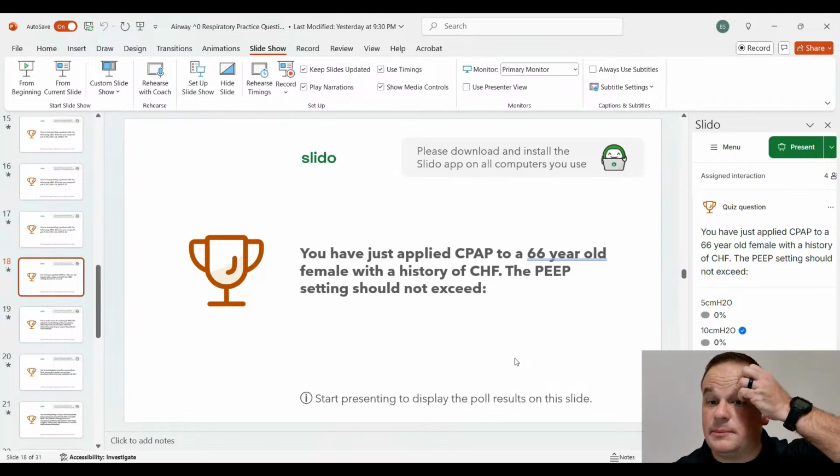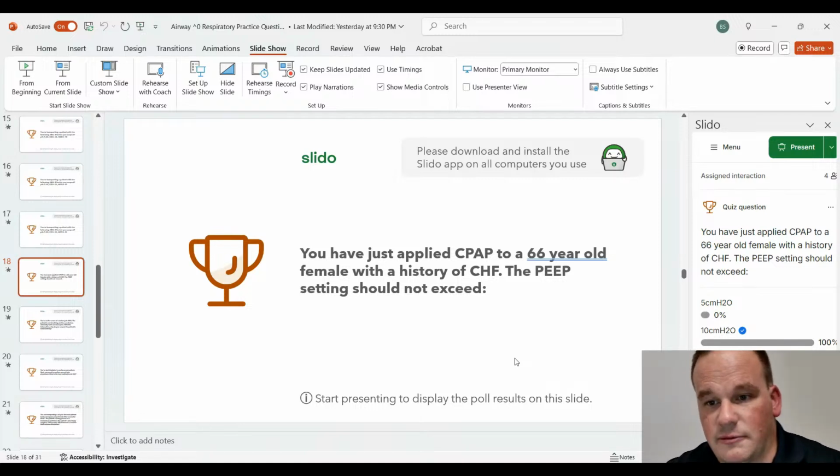So we just applied CPAP to a 66-year-old with a history of CHF. The PEEP setting should not exceed.